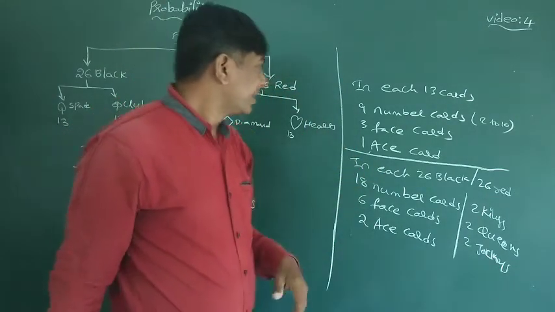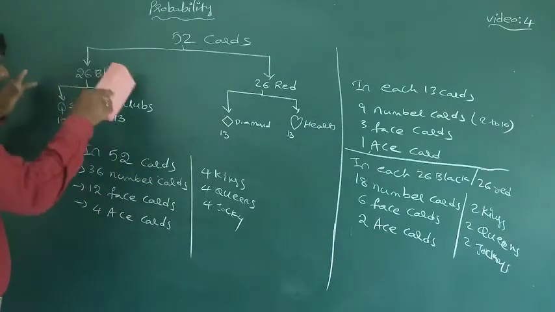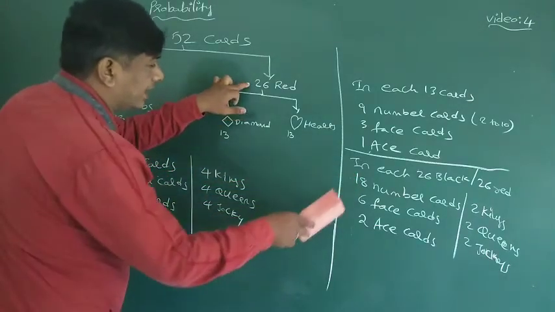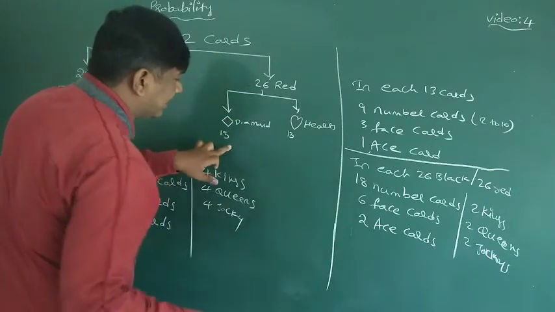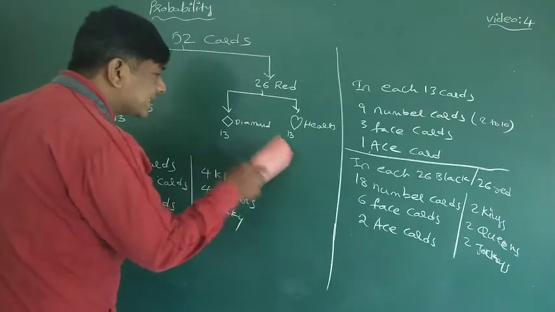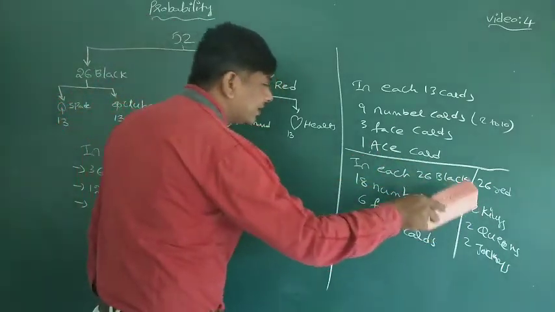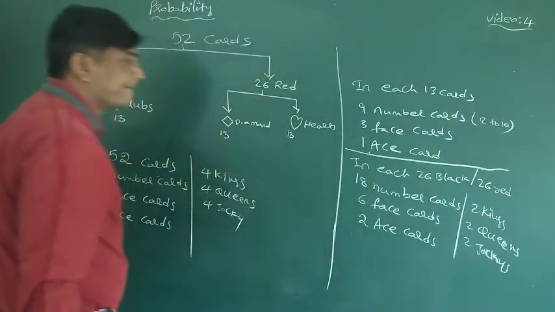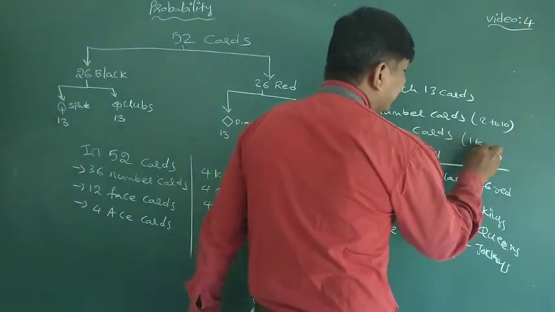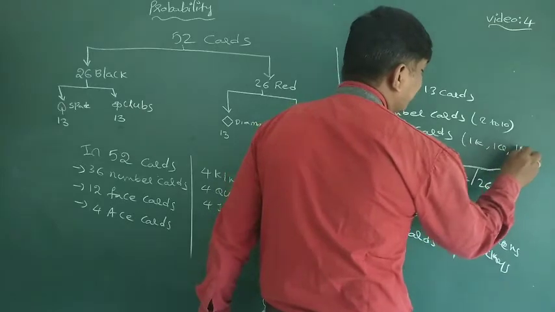1 ace card. Like this, in this 26, there are 18 number cards, and 6 face cards, here 3, here 3, 6. And here 1, 2 ace cards. In these 6 face cards, 2 kings, 2 queens, 2 jockeys. Here in 3 face cards, 1 king, 1 queen, 1 jockey.